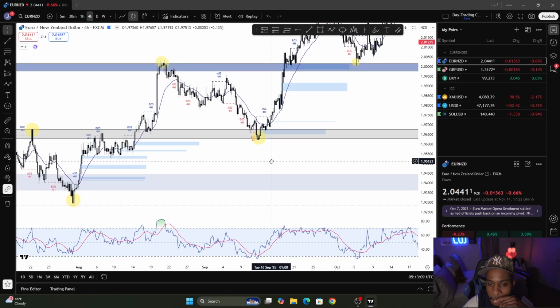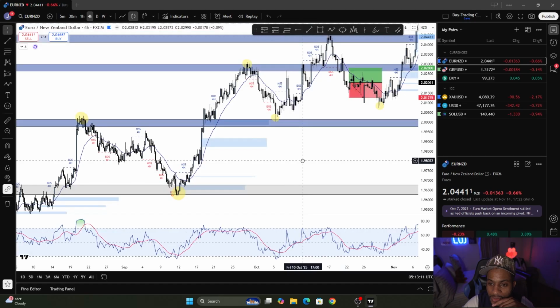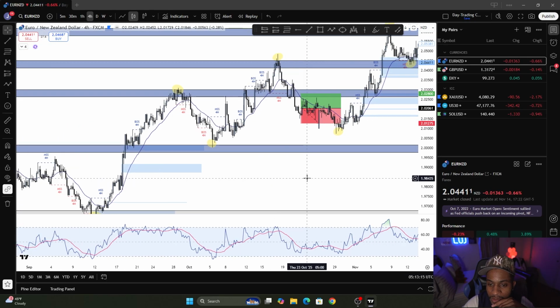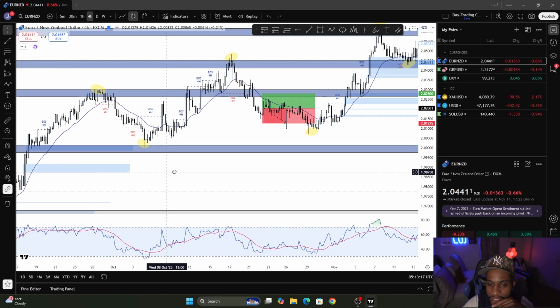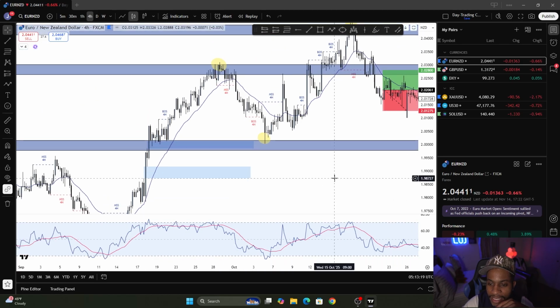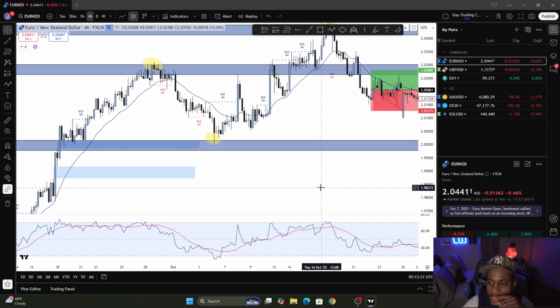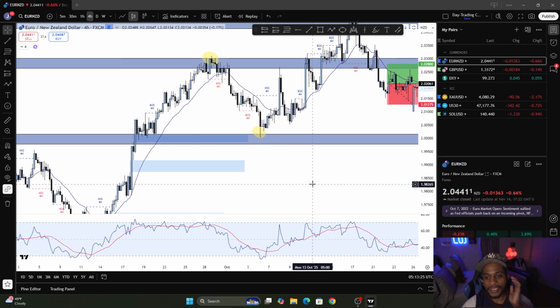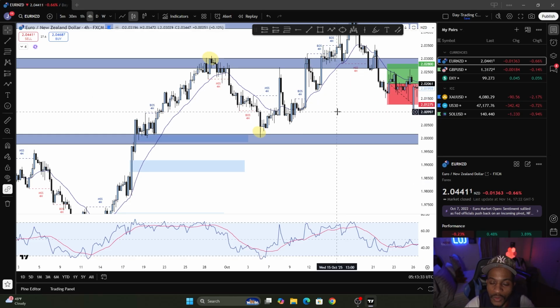I want to show you guys something that's a bit more simple, because not all entries are the same, and that's why I always preach that the market is very situational. The market is never 100% predictable, because sometimes the market can literally do whatever it chooses to do in a specific moment.